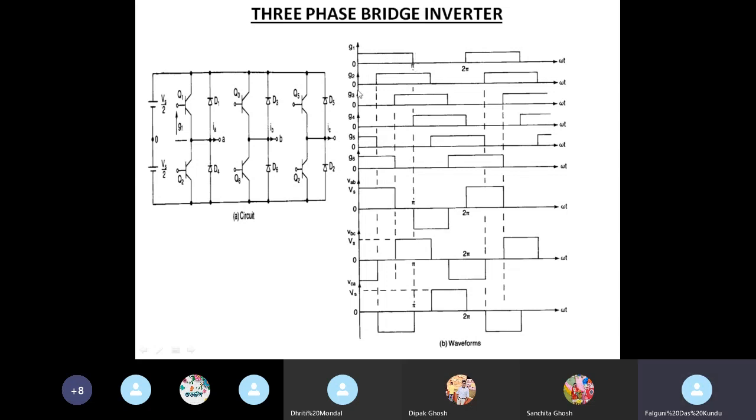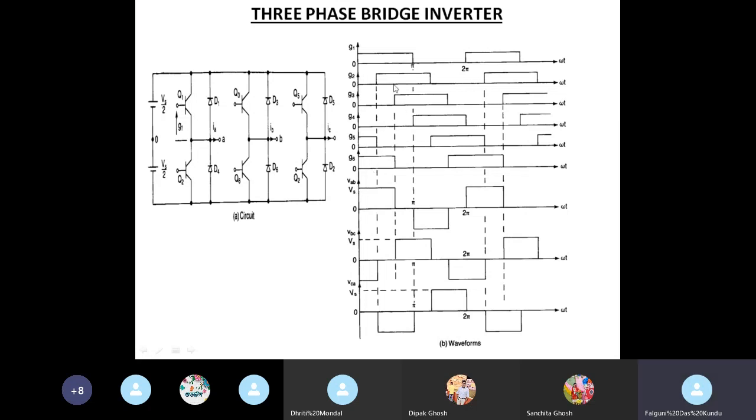At pi, after some time we give G2, and after some time we get G3. Similarly G4, G5 and G6. So V of AB, this is A and this is B. AB is related between G1 and G3.